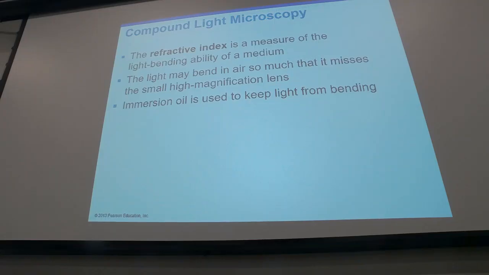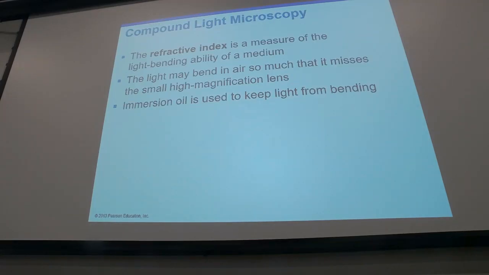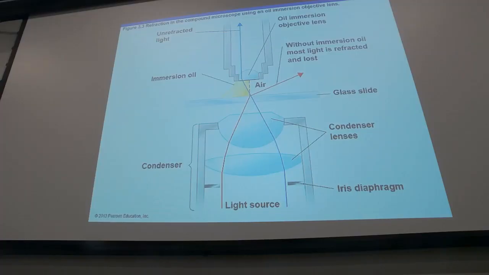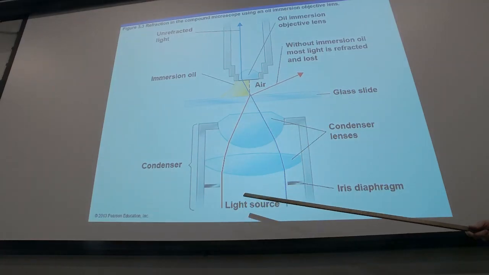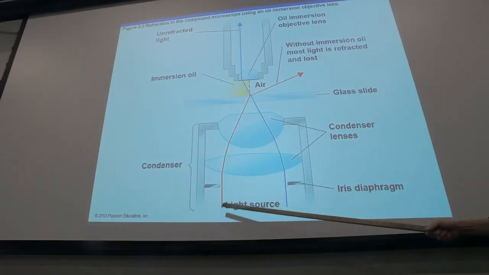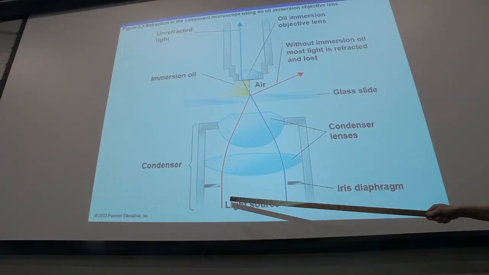So this is how it looks like. If you will be looking at a magnification in this area, where you have the stage and the specimen, this is what will happen. So you have here two rays of light. And of course, this is just for illustration purposes.